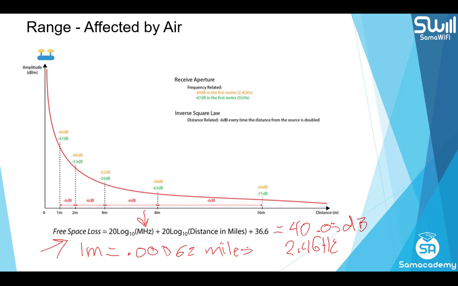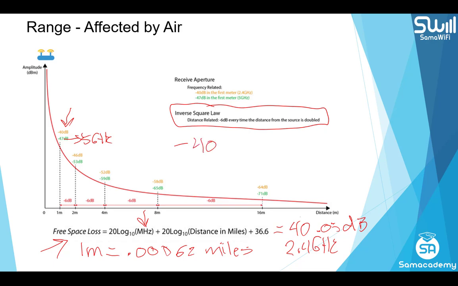Okay, you can see this value in 2.4 gigahertz, and the green value is for 5 gigahertz. Now, if we use the other formula that is related with the inverse square law, we can see the following.